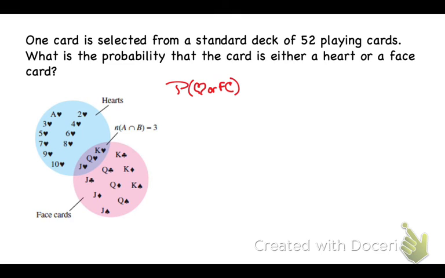So there's 13 out of 52 hearts. How many face cards are there? 12. 12 face cards out of how many cards? 52. But how many of them are hearts and face cards?